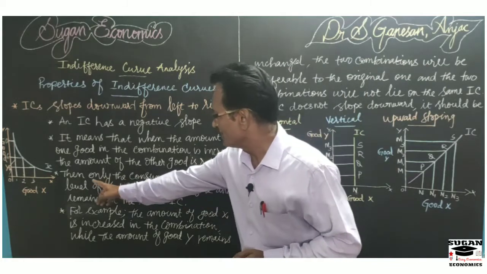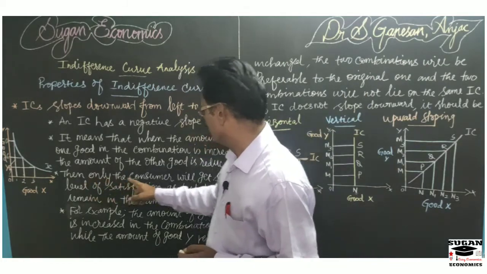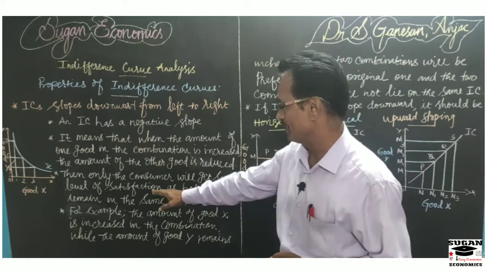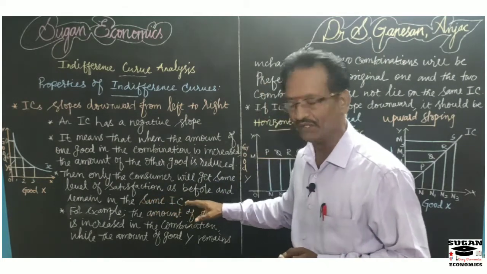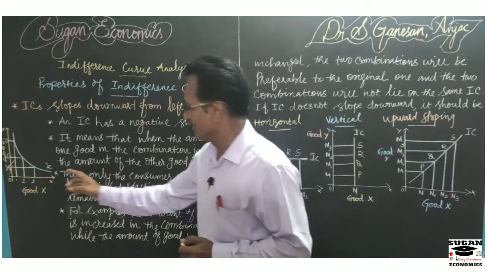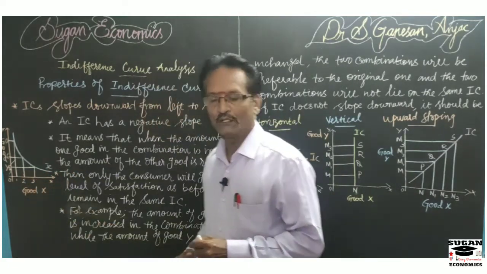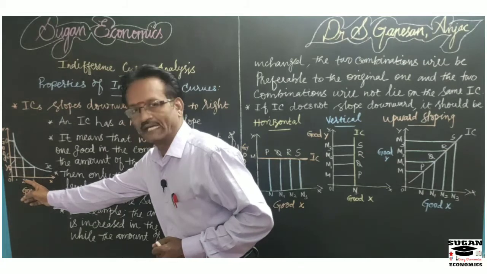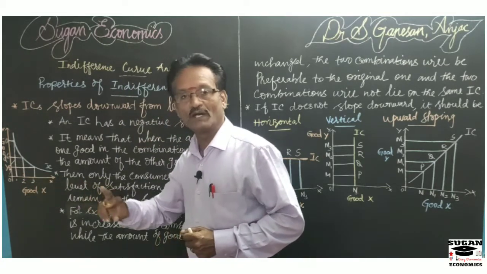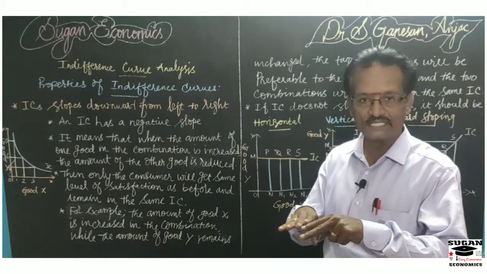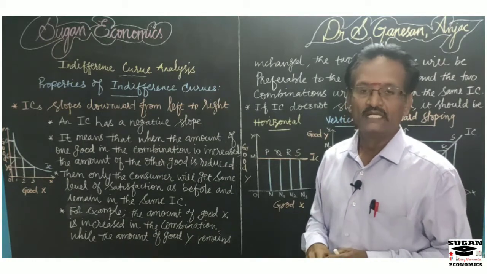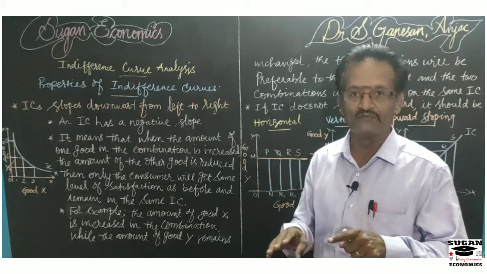Only then will the consumer get the same level of satisfaction as before and remain on the same indifference curve. Suppose a consumer adds 1 unit of commodity X, and at the same time commodity Y is also increased or remains constant. It means he is not on the same indifference curve.